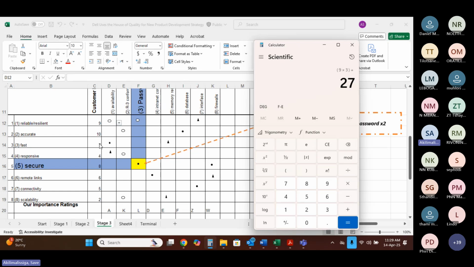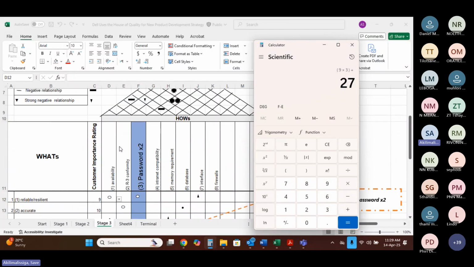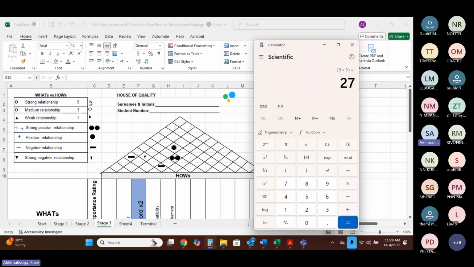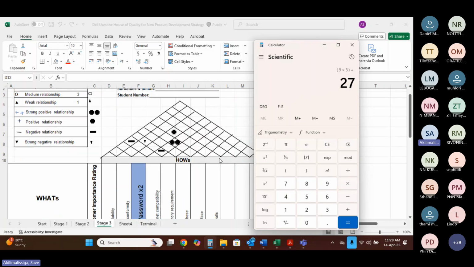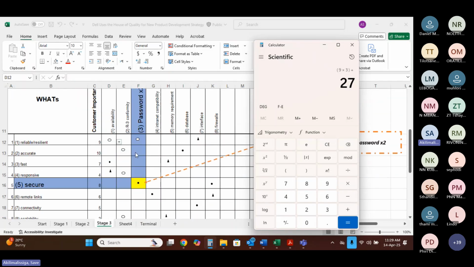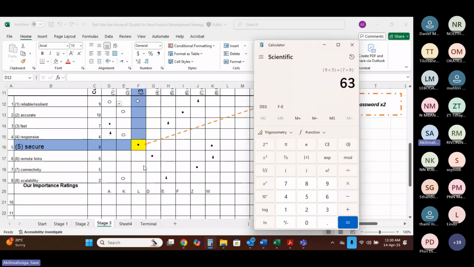So you're going to take 7 times the number behind this symbol. According to the legend provided, that is 9. So here we're going to have 7 times 9, plus 7 times 9. We are done with this symbol.